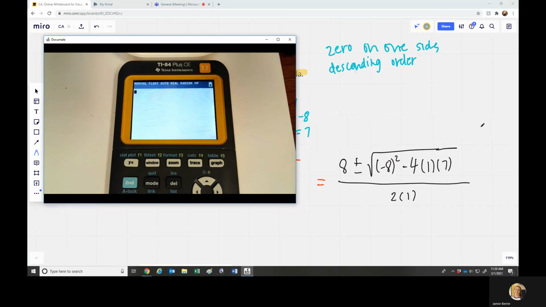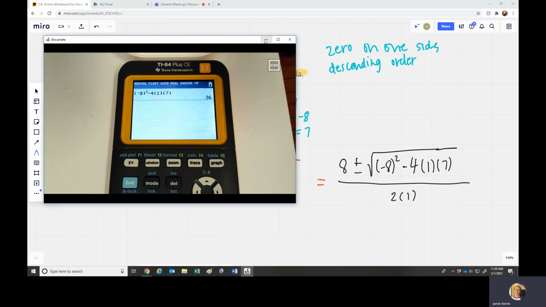So that's negative 8 squared minus 4 times 1 times 7. Then enter. So it's 36. Oh, that's nice. That's a perfect square.